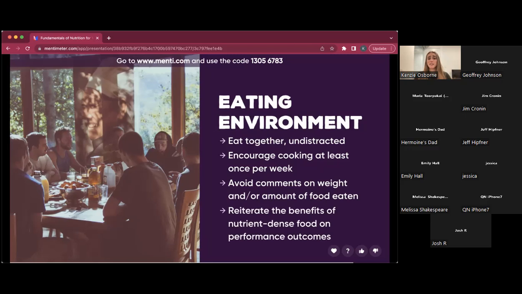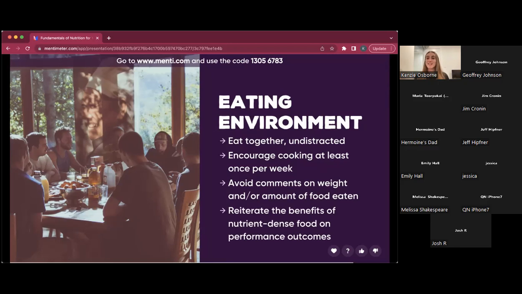And lastly, reiterating the benefits of nutrient-dense food on performance outcomes. So, reiterating that having Greek yogurt, banana, and honey after your training session can help build muscle, can help you get stronger, can help you get that sick drop shot that someone just made.